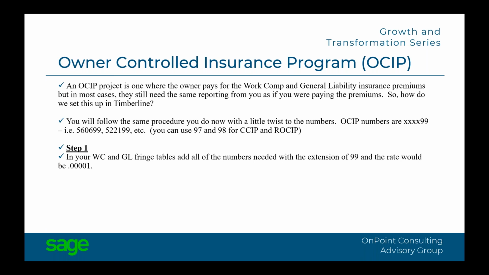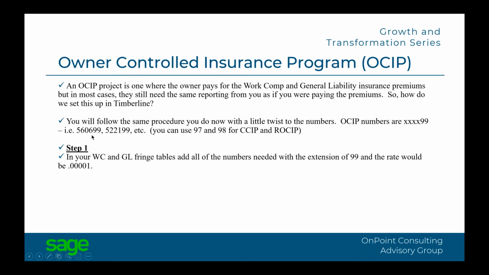Now, there's some other ones, the CCIP and ROCIP, which you have cost either on workers' comp or the general liability. So the numbers can be modified. I use here number 99 for the OCIP jobs, but you can use 97 or 98 for CCIP and ROCIP. It's just up to you.